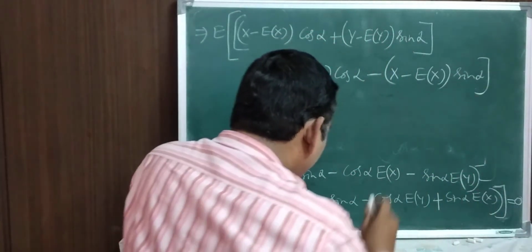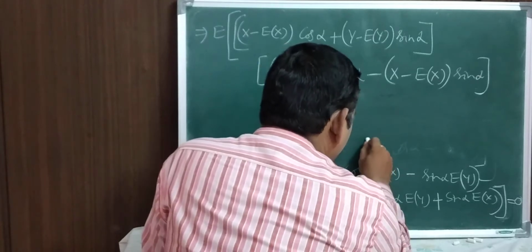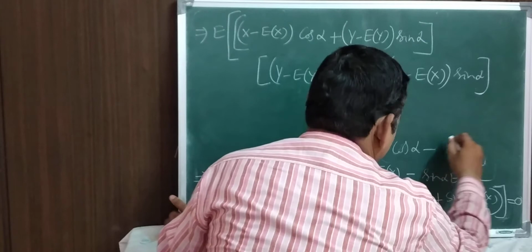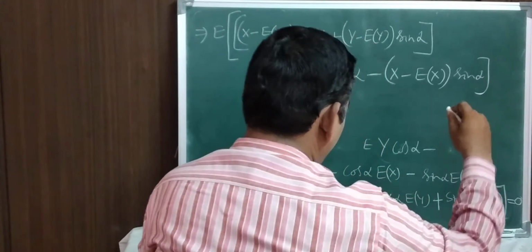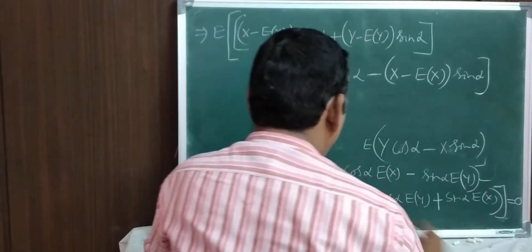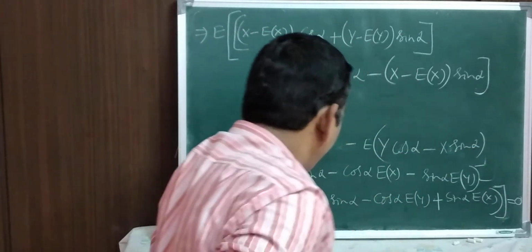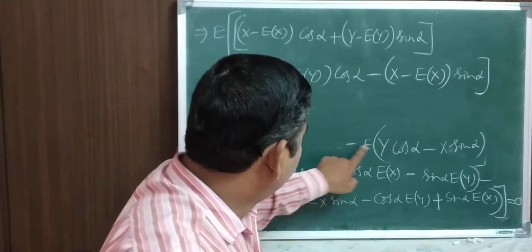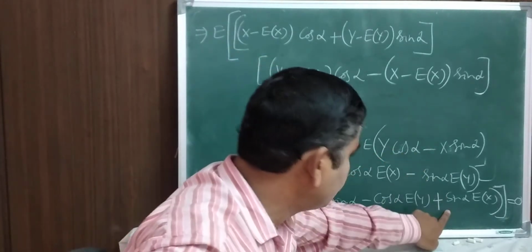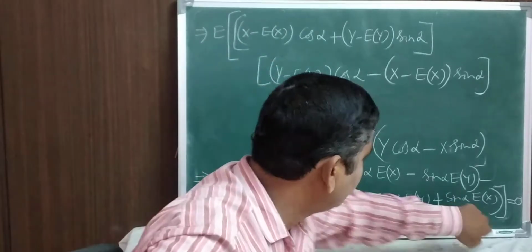You see in the previous term here, y cos alpha minus x sin alpha, that is the term we have here, minus cos alpha into expectation of y, minus of minus is plus, sin alpha into expectation of x.